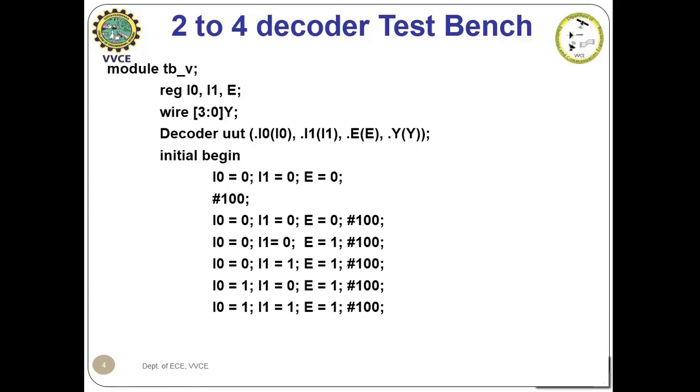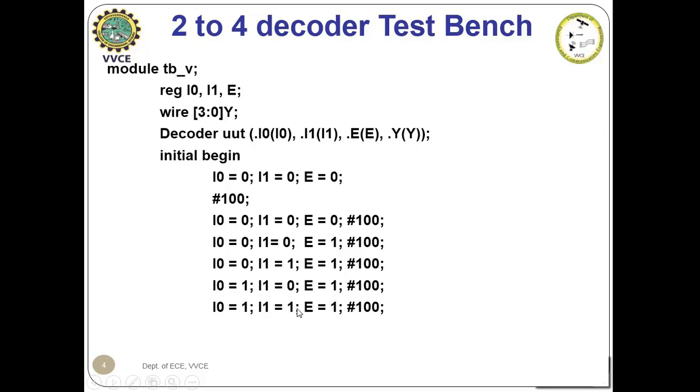Then I'll give the required inputs, that is the inputs that we have listed in the truth table. When I0, I1 is 0, 0 with enable 0 for 100 units. Then I0, I1 is 0, 0 when enable is 1. Then I0, I1 is 0, 1 when enable is 1. I0, I1 is 1, 0 with enable 1.